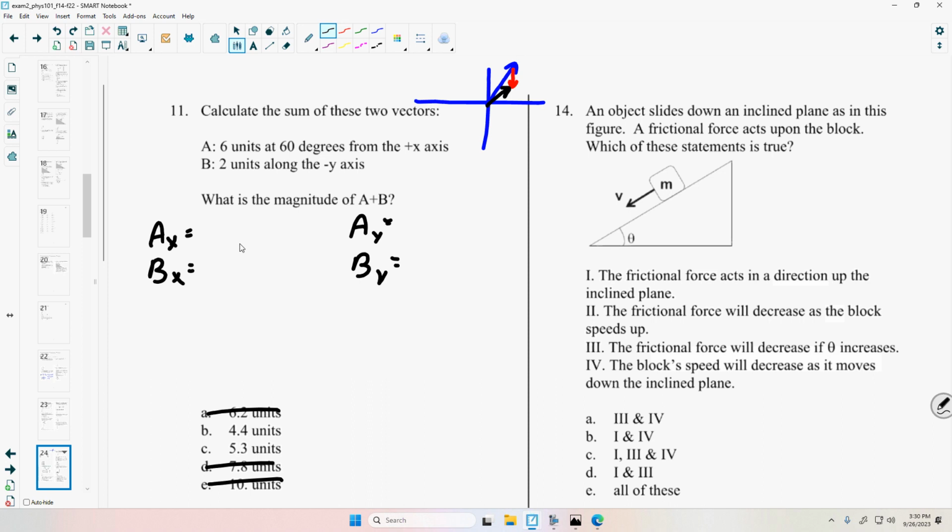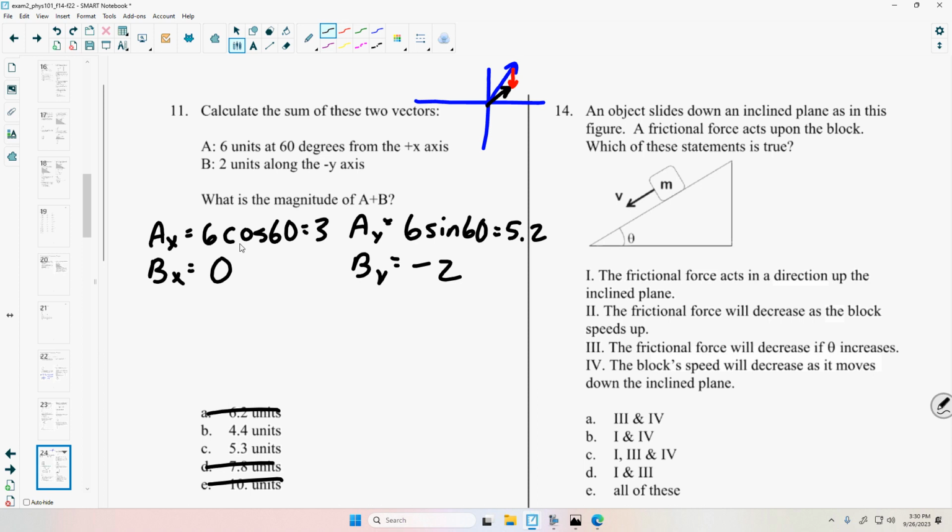AX is 6 cosine 60. BX is 0. BY is negative 2. AY is 6 sine of 60. Notice what I did here with BY. I had to be really careful about this vector to make sure that I get the sign correct.